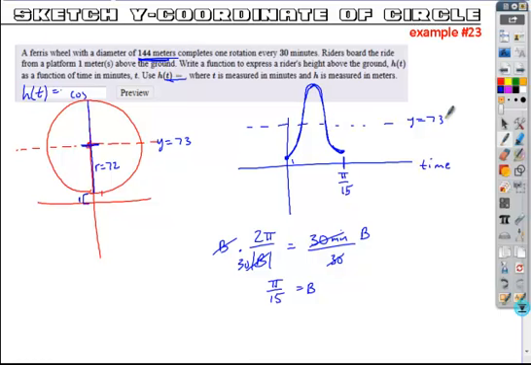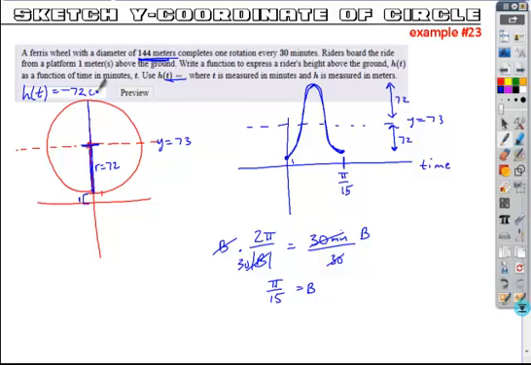Well, if my midline is at 73, what is my amplitude from here to here? So not half of 73, but it's 72, right? So this is 72. So the number in front of my cosine is going to have to be what for my function? And it's a negative, right? It starts at the minimum.